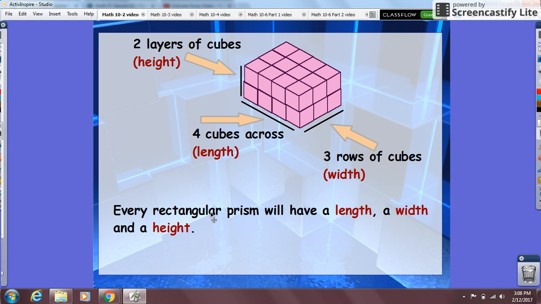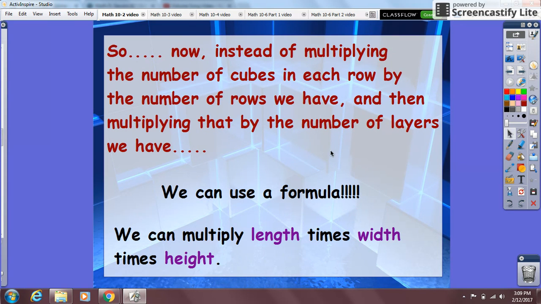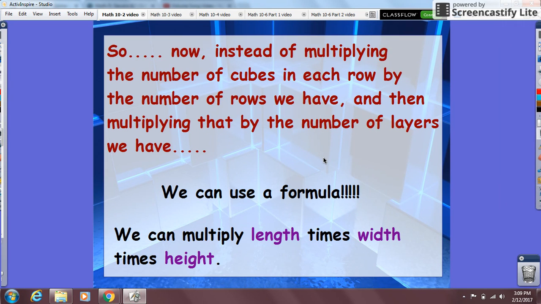So every rectangular prism will have a length, a width, and a height. So now instead of multiplying the number of cubes in each row by the number of rows we have, and then multiplying that by the number of layers we have, we can use a formula. We can multiply length times width times height.